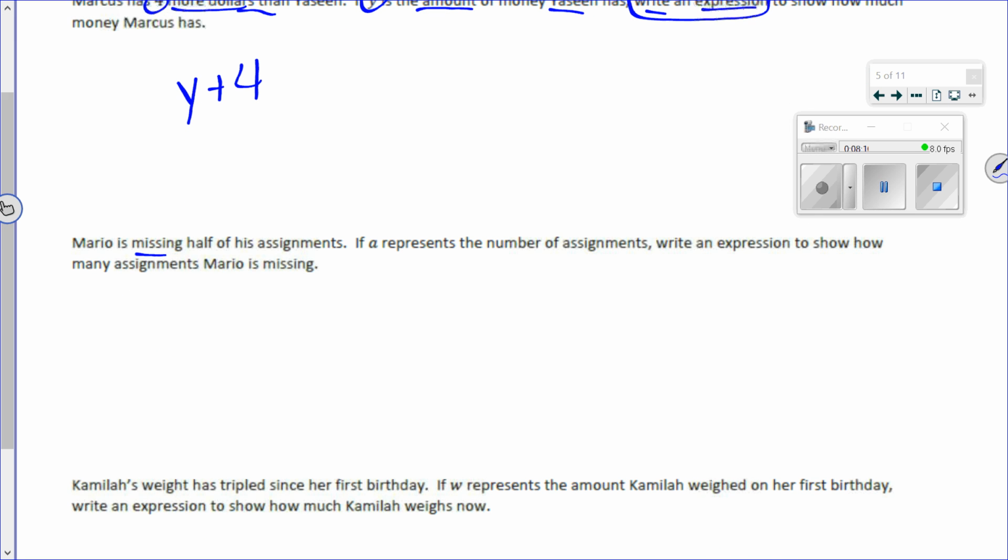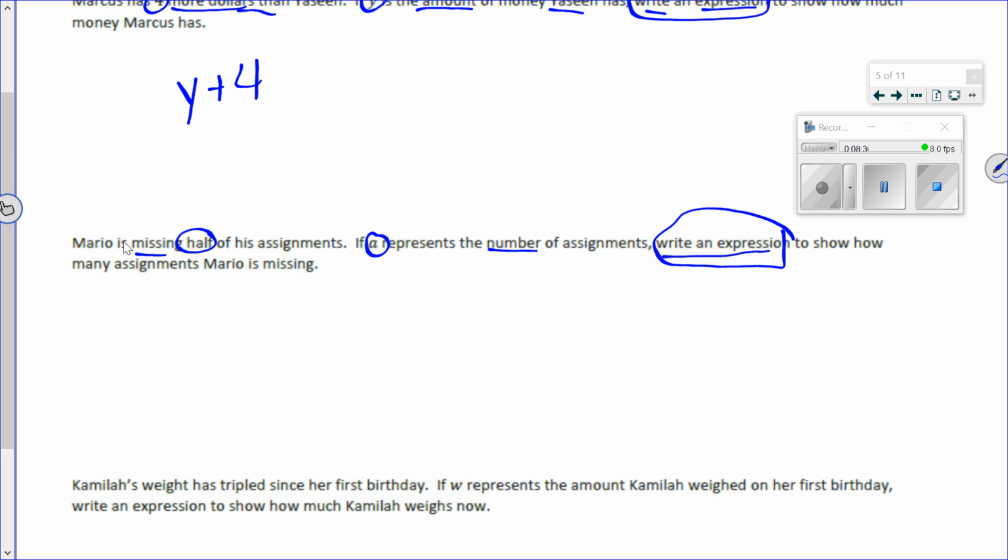So Mario is missing half of his assignments. If A represents the number of assignments, write an expression, there's my task, to show how many assignments Mario is missing. If I say half, what's half of 10? 5.